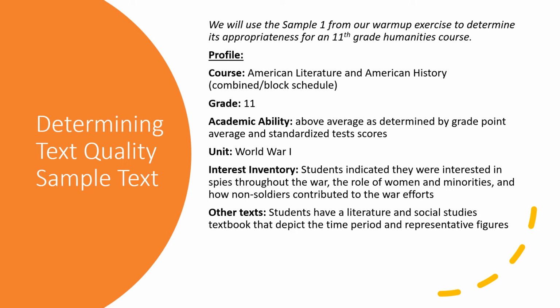Other texts that they have studied are a literature and social studies textbook that depict the time period and representative figures. So we need to ask ourselves, did that text from sample one contribute to, is it a good pairing? Is it a good match? Is it a quality text for this particular profile?